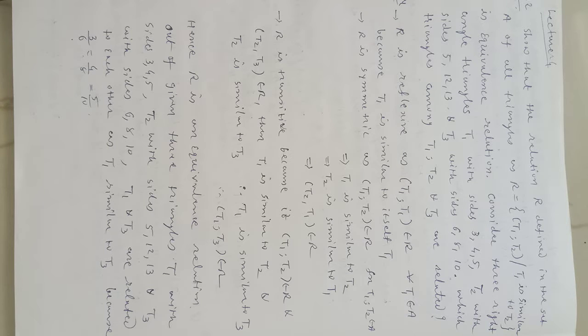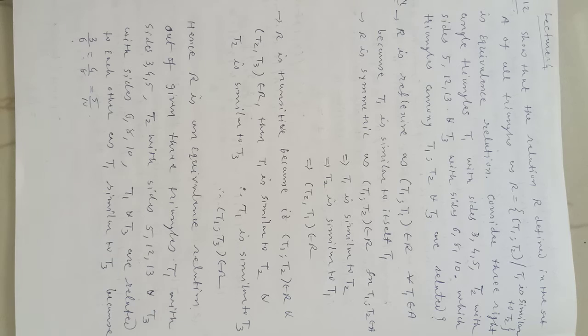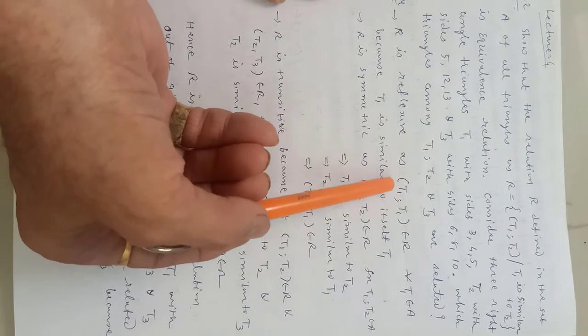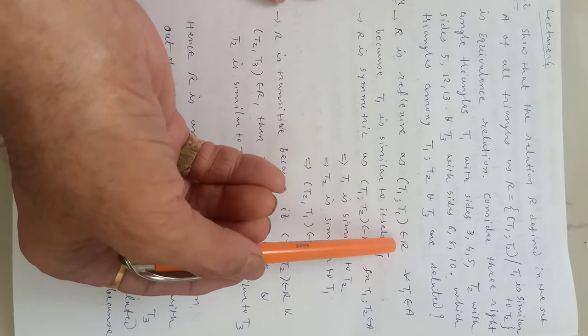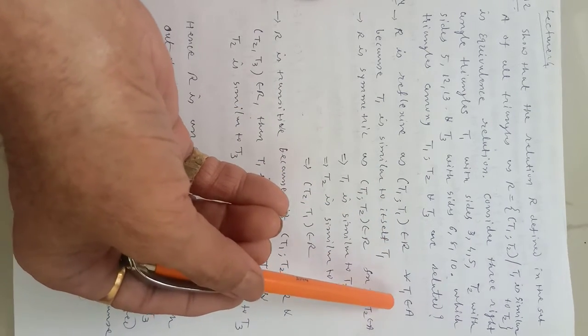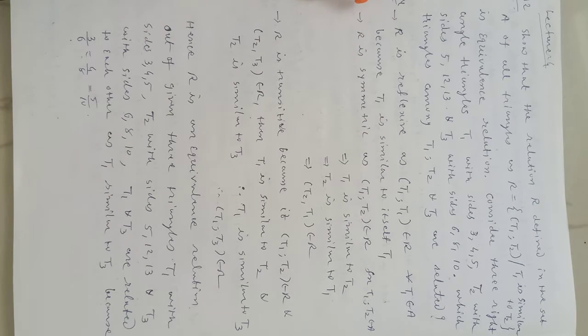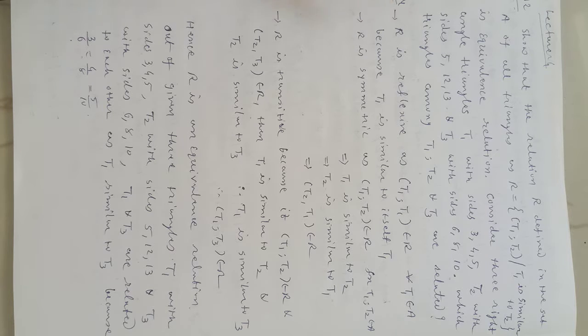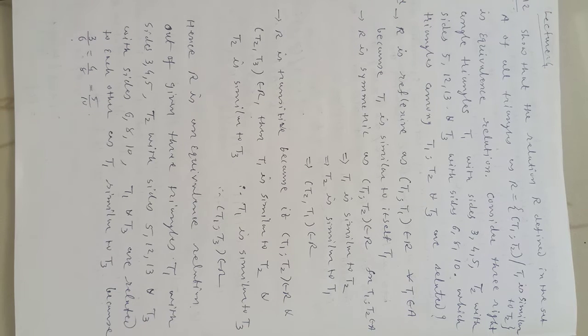So definitely the pair (T1, T1) belongs to R for every T1 member of A. T1 is similar to itself, and that is why we say R is reflexive.